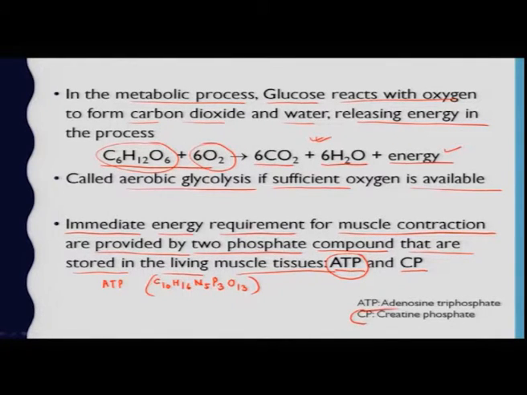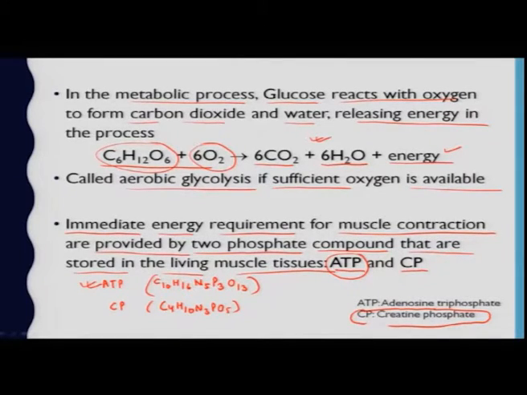CP stands for creatine phosphate. Its chemical formula is C4H10N3PO5. In the case of ATP, energy is made available to the cell by hydrolysis, in which one of the triphosphate bonds is broken to form ADP, adenosine diphosphate.